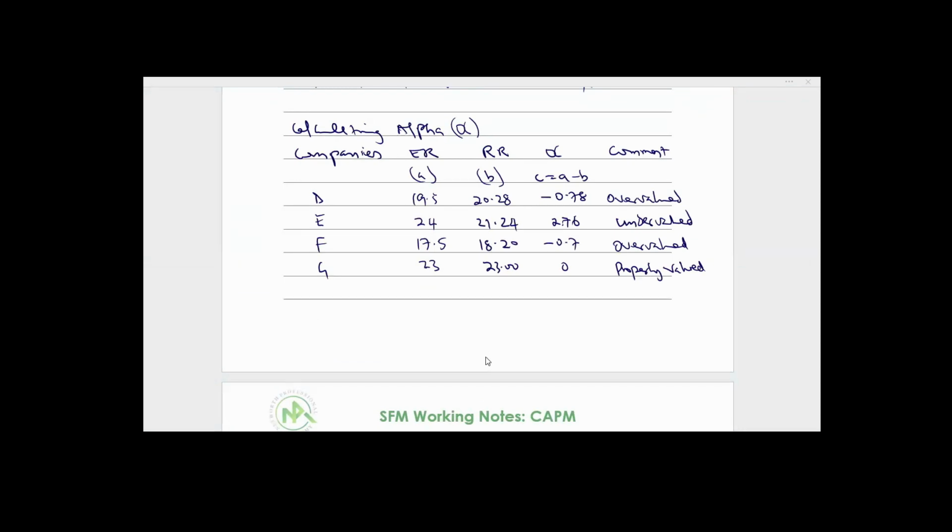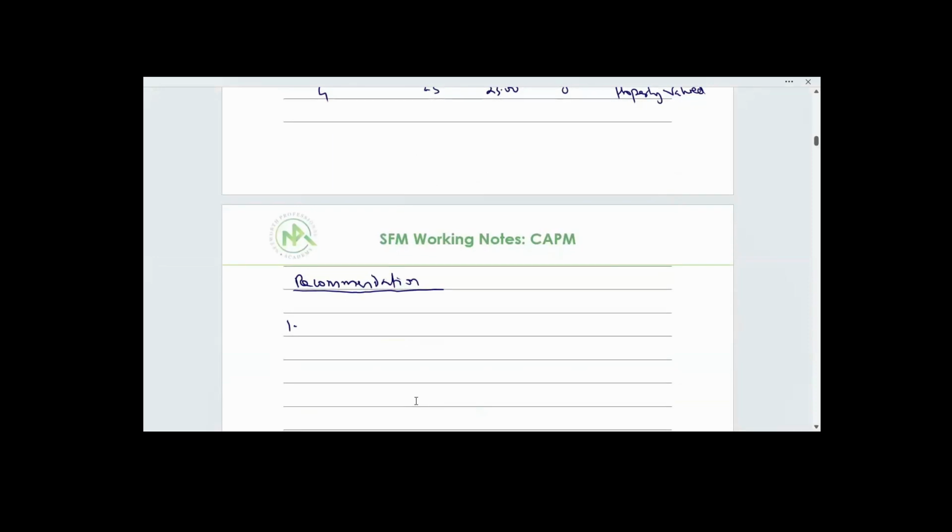I would then say the shares in Dashing PLC and Fantastic PLC are overvalued.